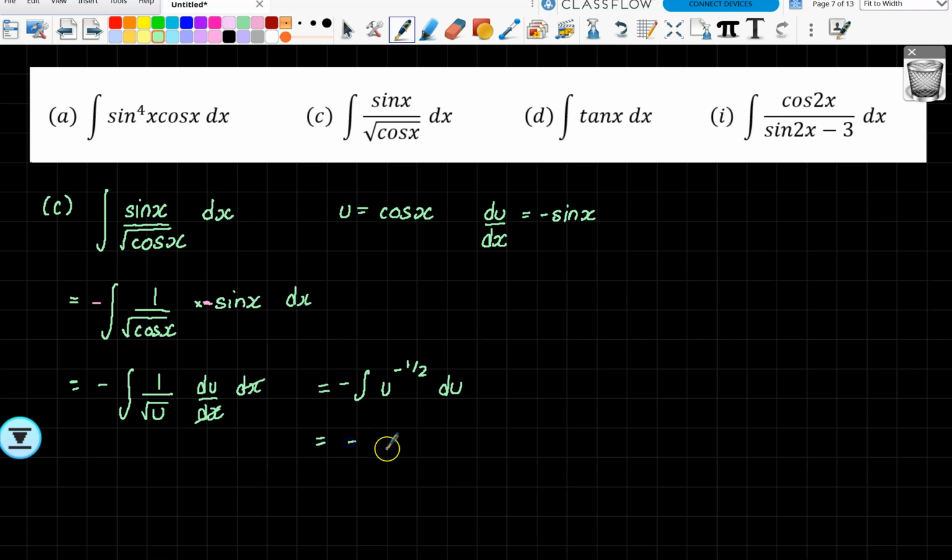So now this will be u to the half, divided by that half, plus c, and you can now replace your u value. So that's 2 root cos x plus c, done and dusted.